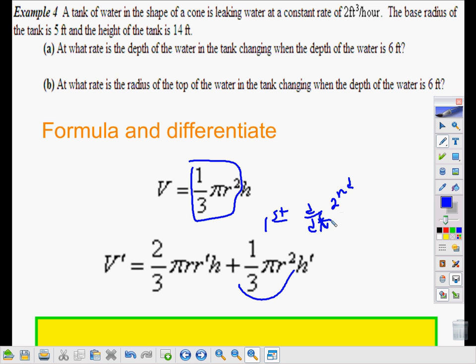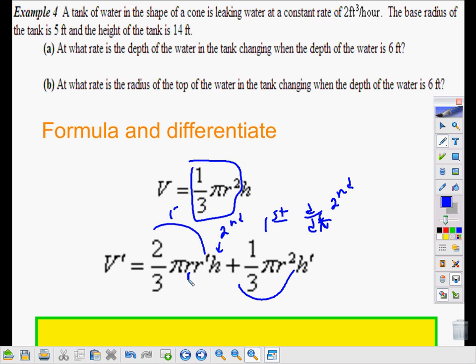And I should have put a dt, not a dx. Then the second is h, times the derivative of the first, which I'll call 1 prime. Now don't forget, the 2 comes in front to make 2/3. You lower the power on r to the 1, and then because it's an r, you need an r prime.